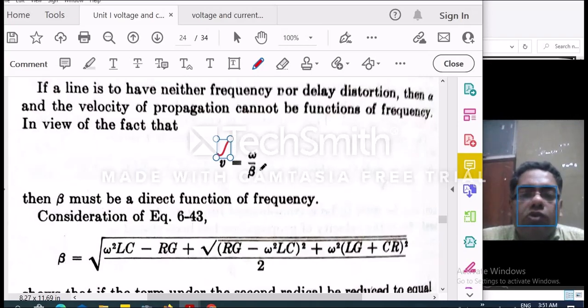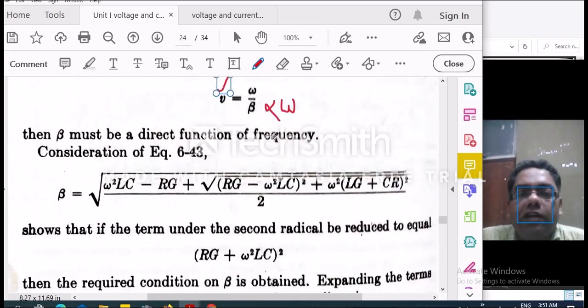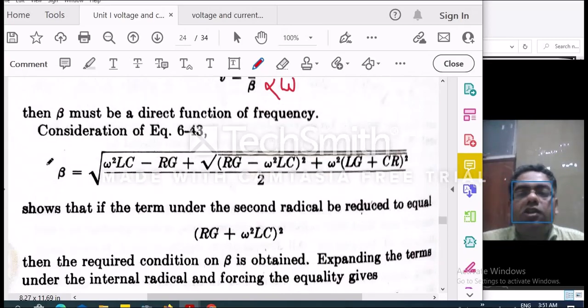This is possible only if beta is a direct function of omega, say omega into something, so omega will cancel and velocity will become independent. How can this be done? You see the expression of beta.